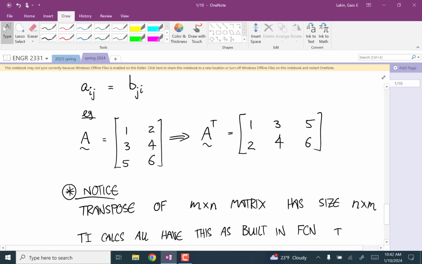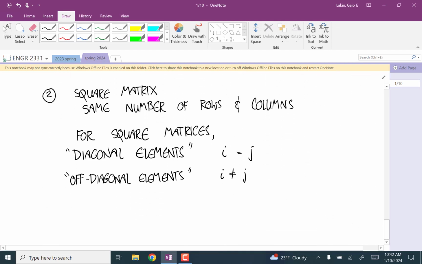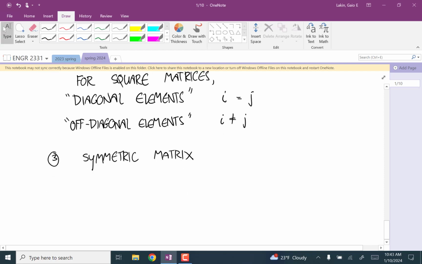I am out of notes here, but I think the last thing that I want to say is a symmetric matrix. So you can only have a symmetric matrix if it's a square matrix.